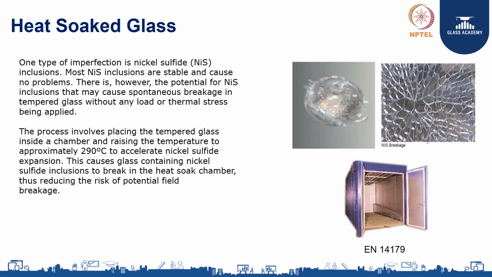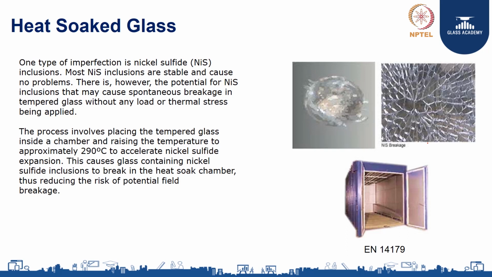In the first picture, you can see a microscopic image of a nickel sulfate inclusion in raw glass. If the nickel sulfate inclusion is in the center, in the tensile portion, the possibility of breakage is at the earliest, and at any point in time it is going to break.